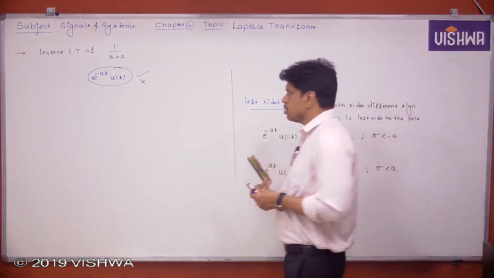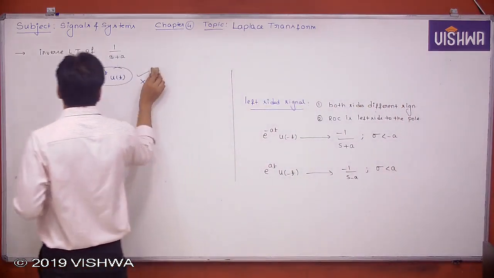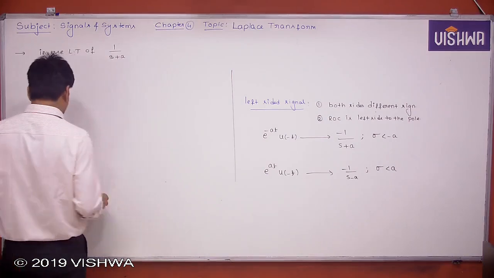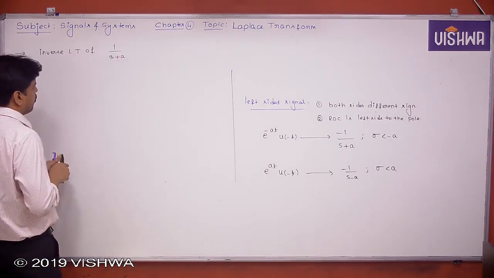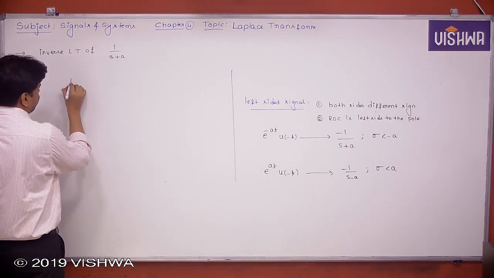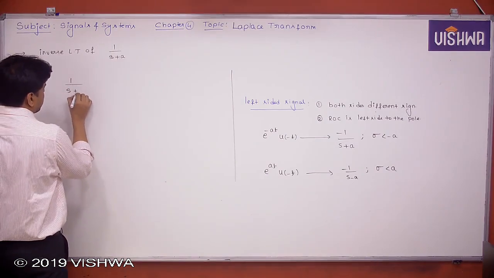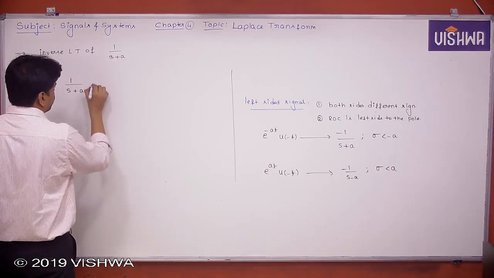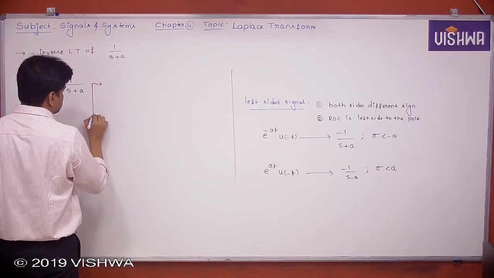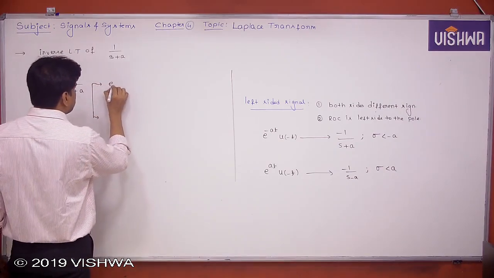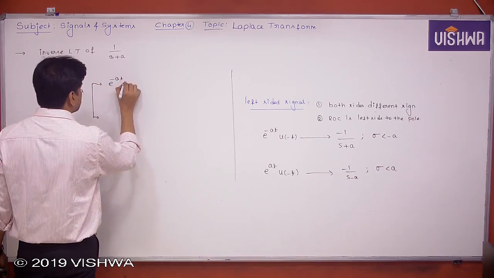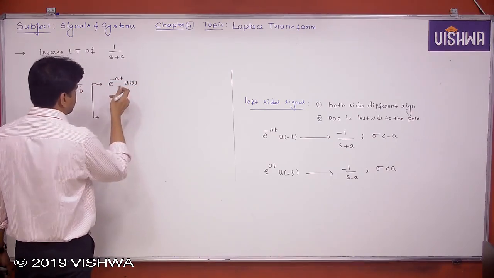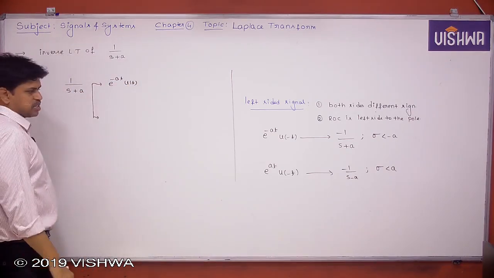Why? Because, let's see, for 1 by s plus a, we are going to get 2 answers. E power minus at u of t, definitely. For this one, the Laplace transform is this one.